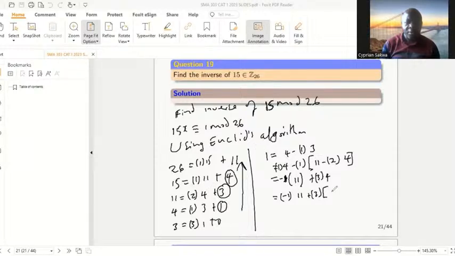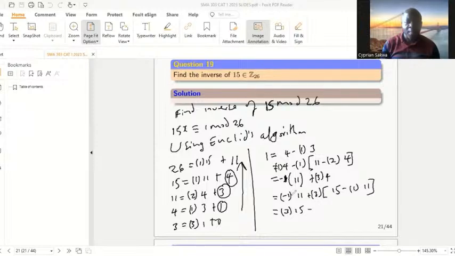So I've got 15 minus 1. Let me work out the bracket first of all, which gives me 3 times 15 minus, there's a 3 here, minus 3, and there's a minus 1. So let me just combine.